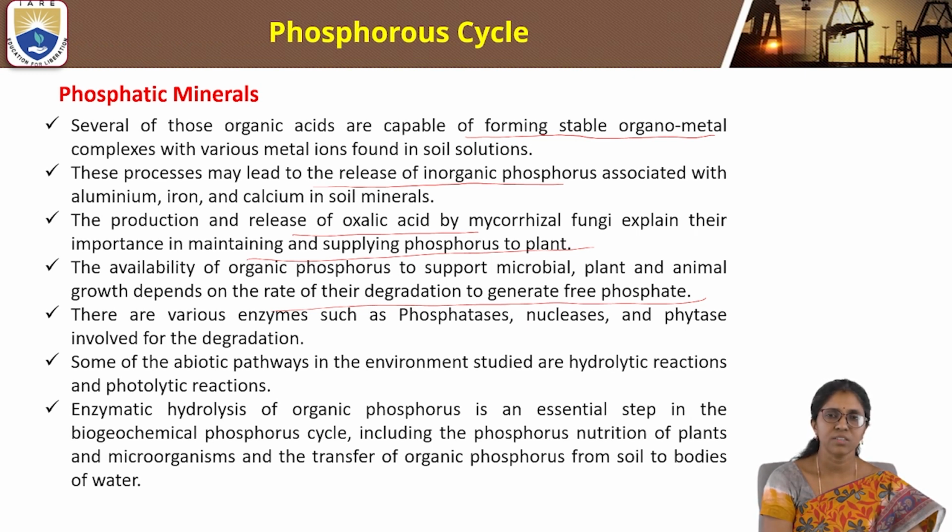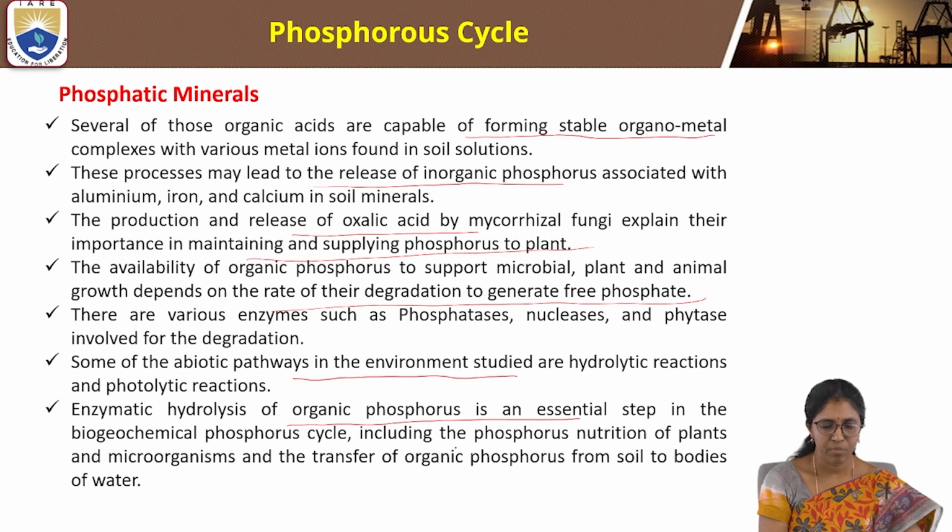These are involved in the degradation of organic matter. So here some of the abiotic pathways in the environment studied are hydrolytic reactions and photolytic reactions. So enzymatic hydrolysis of organic phosphorus is an essential step in the biogeochemical phosphorus cycle, including the phosphorus nutrition of plants and microorganisms, and the transfer of organic phosphorus from soil to bodies of water.